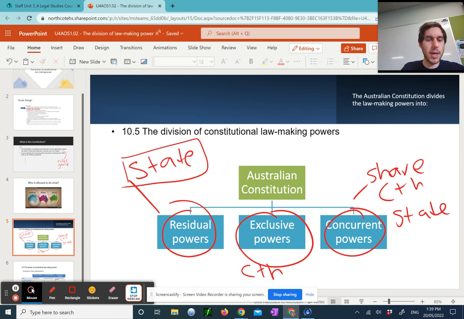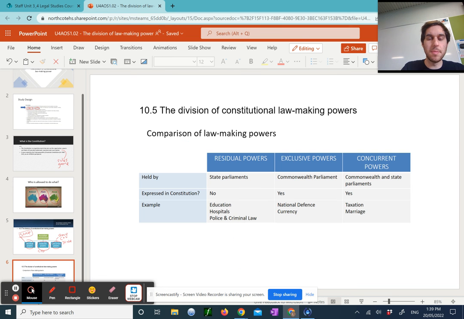So let's have a look at a couple of examples that might clarify this a bit. So for example, exclusive powers are held only by the Commonwealth Parliament, the federal parliament, the national level of government. They are the only ones allowed to use these powers, and they involve things like national defence.